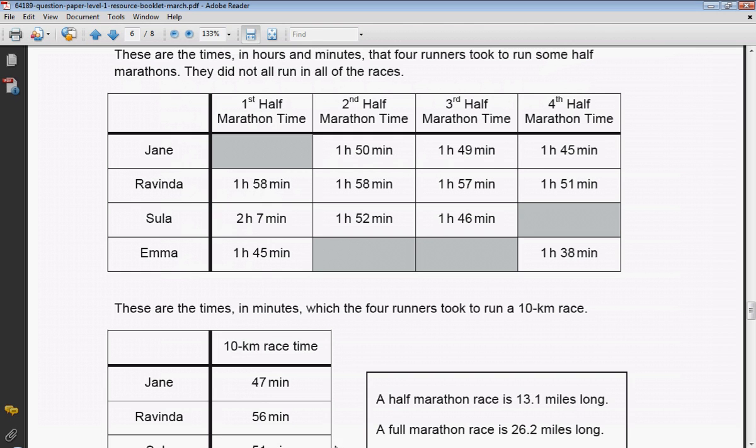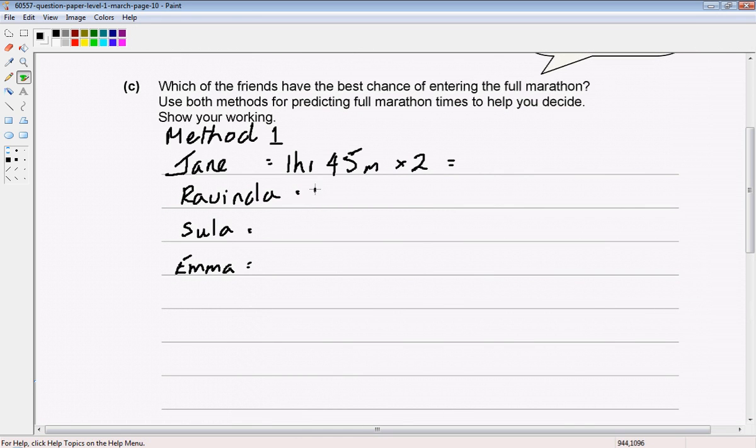Now Ravinda, her fastest time is 1 hour 51. So we can write in here 1 hour 51 minutes, and we're also going to multiply this by 2.